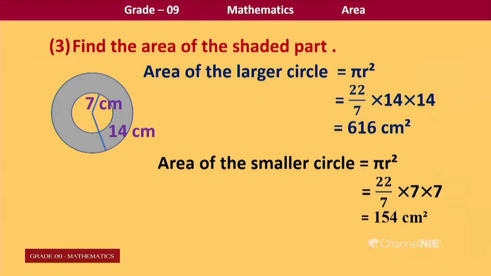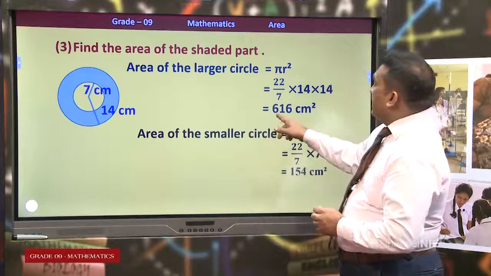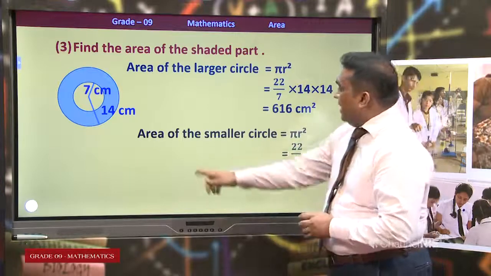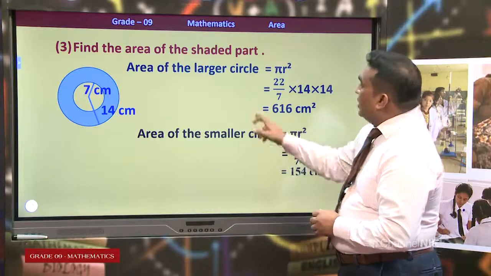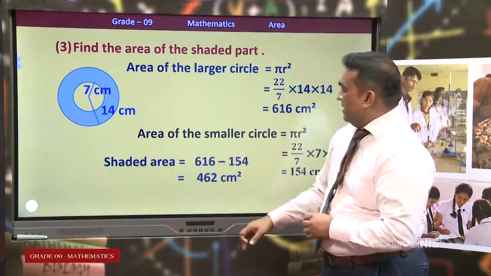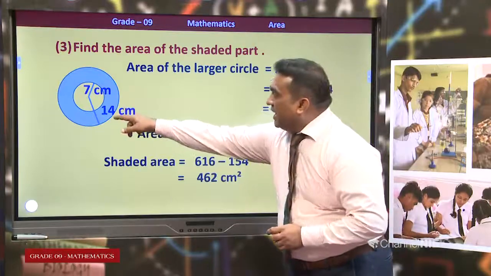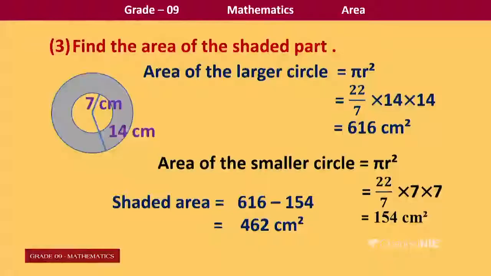Now you have area of the larger circle as 616, area of the smaller circle as 154, then you can take the difference to find out the shaded area. Shaded area equals 616 minus 154. Now you have 462 square centimeters.